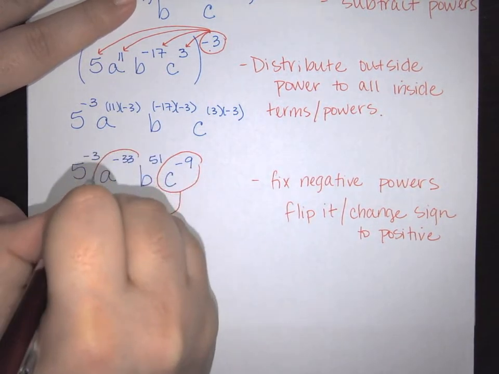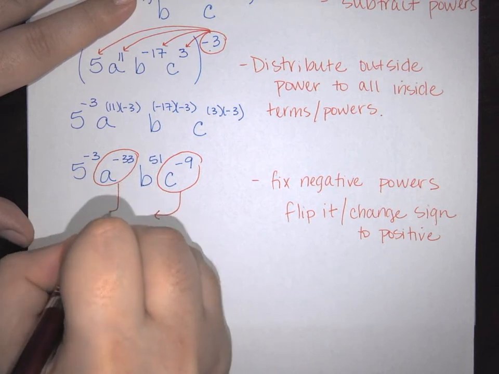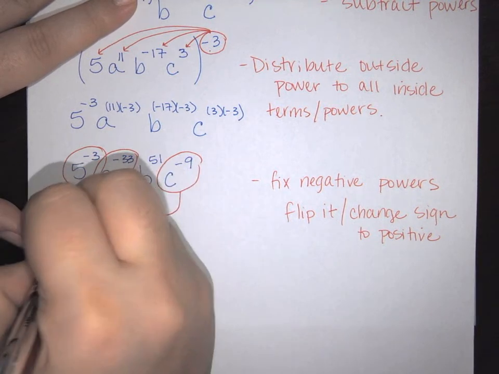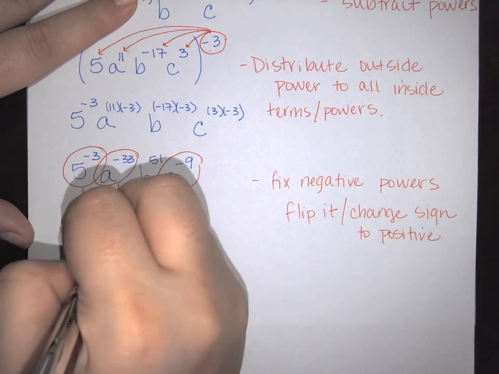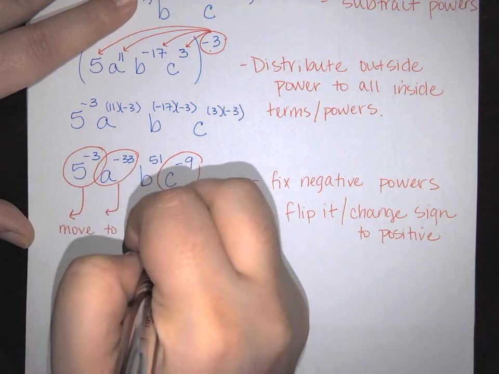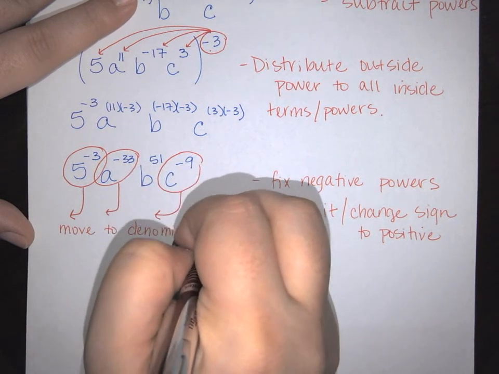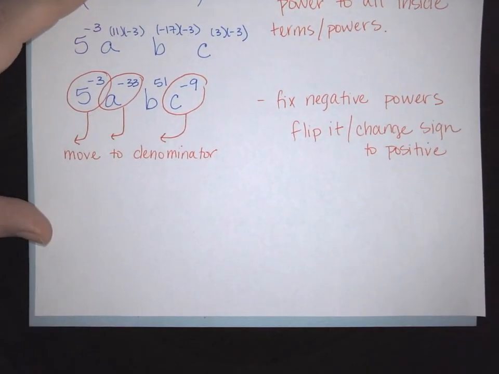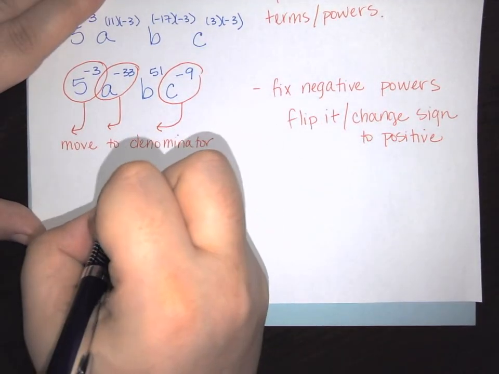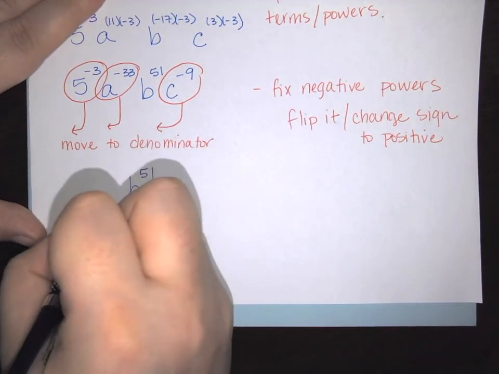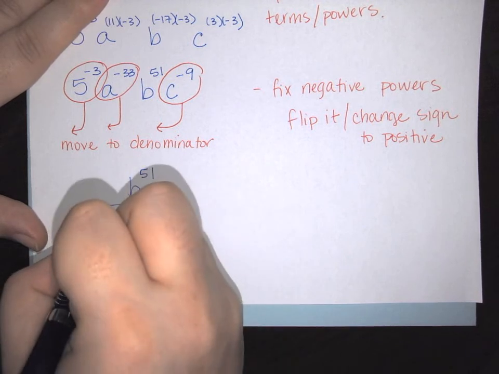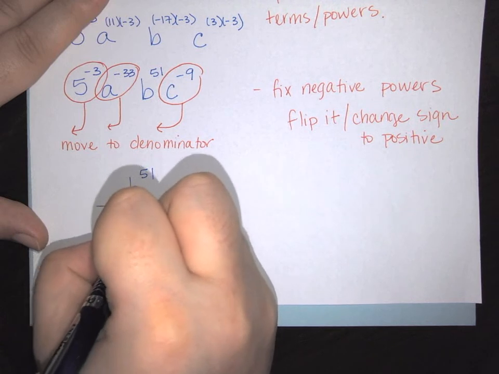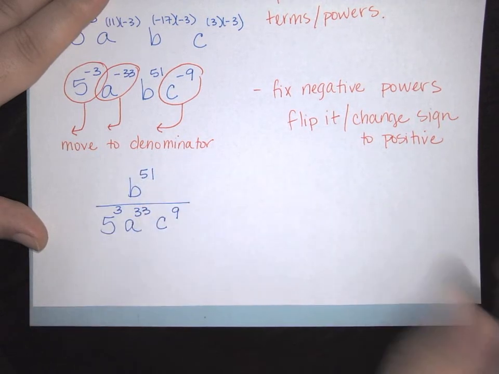We're going to have a to the negative 33 shift down, and 5 to the negative 3 is going to shift down, and all of these are moving to the denominator. So with that, the only one left in the numerator is b to the 51. So b to the 51 is on top. We then have 5 to the 3rd on the bottom, a to the 33, and c to the 9th.